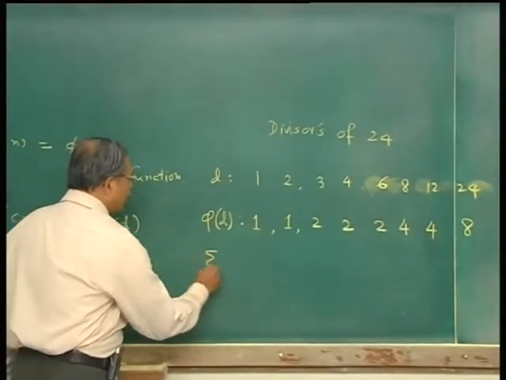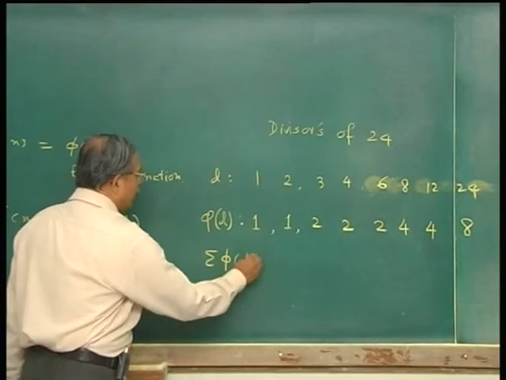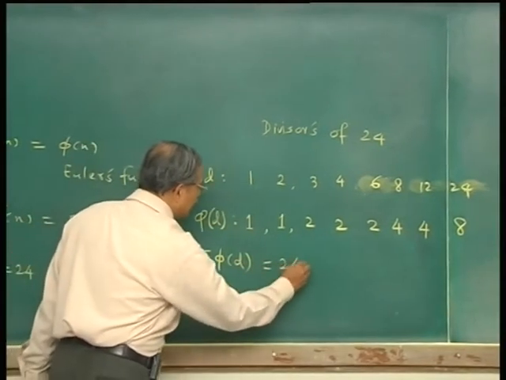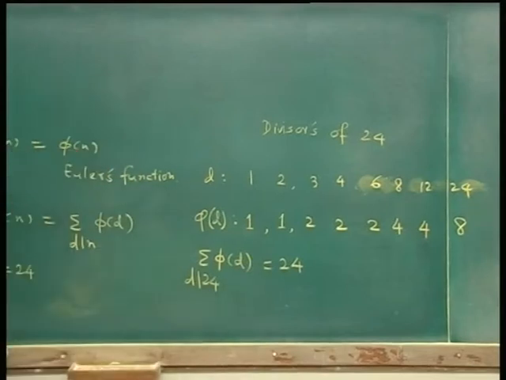And if you take summation phi of D, D divides 24, this comes out to be exactly 24.